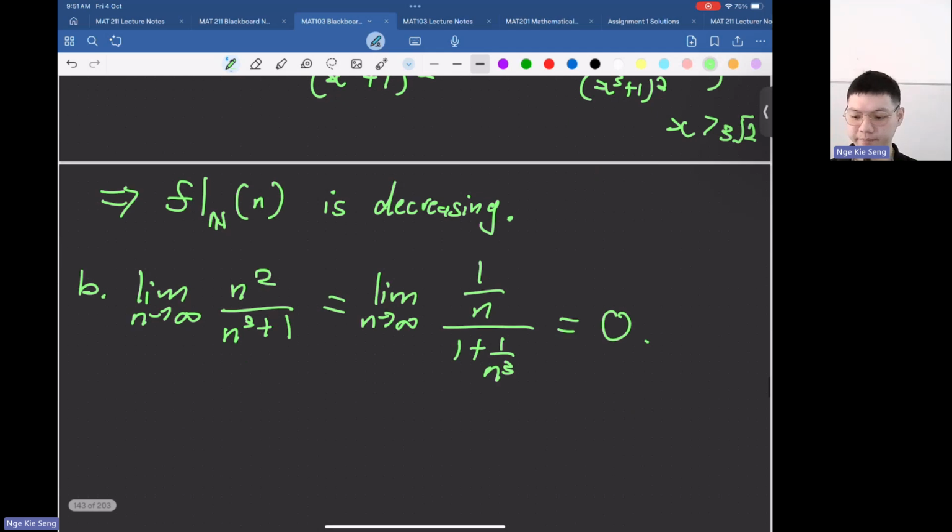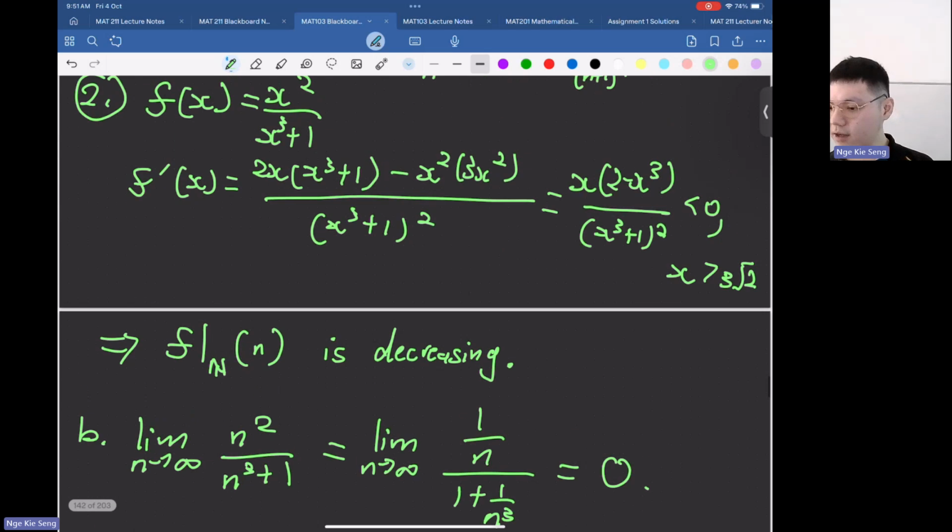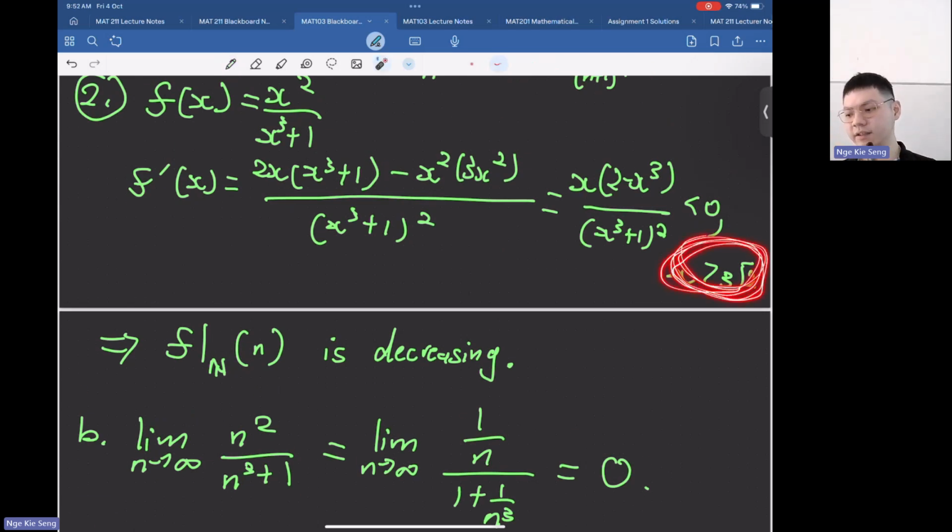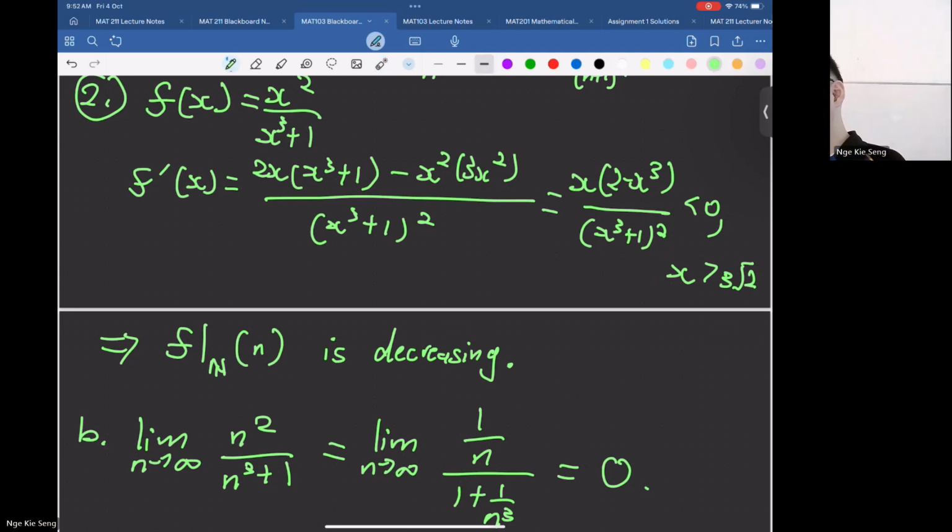Okay, so here, be careful. Which term is it where decreasing happens? What's cube root 2? Need to be careful a bit.